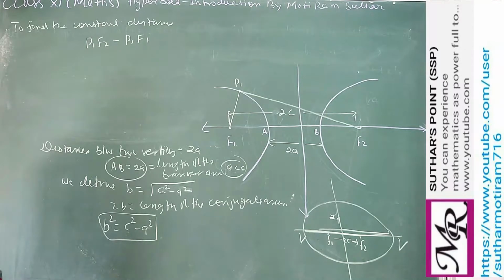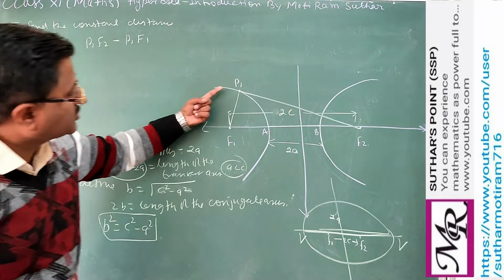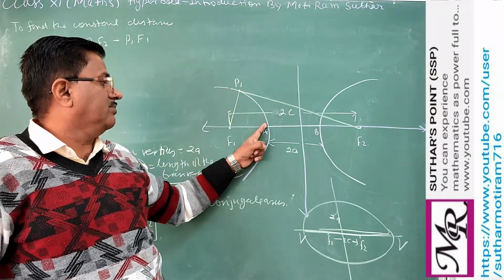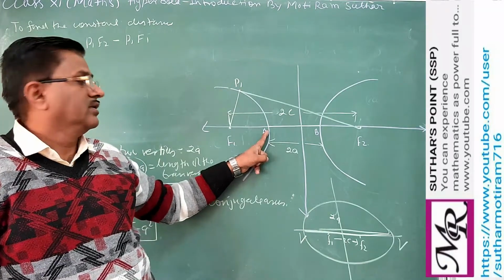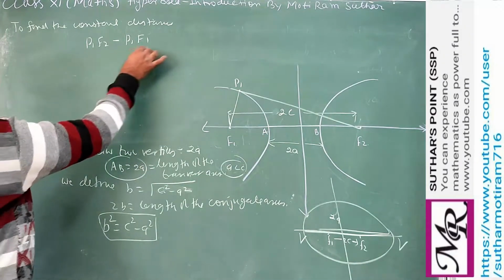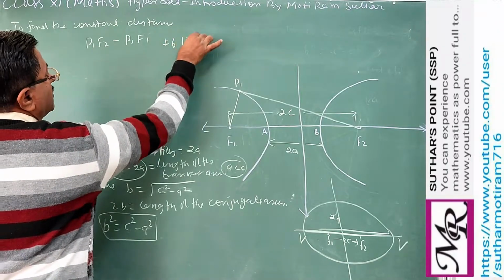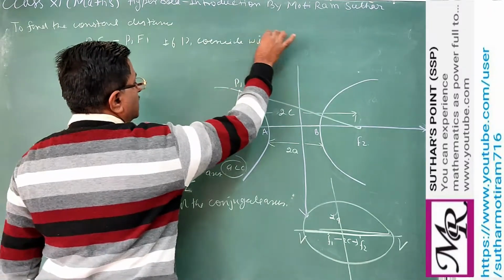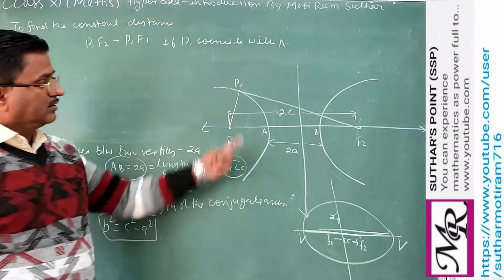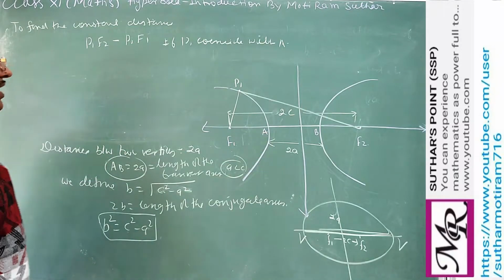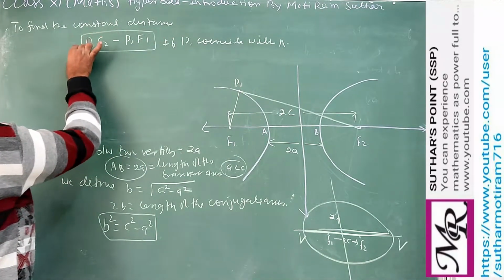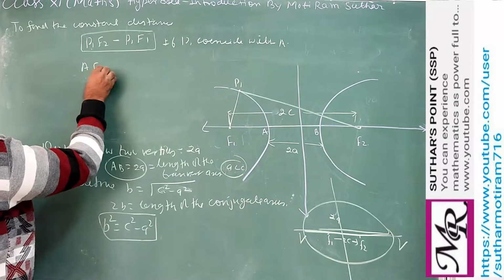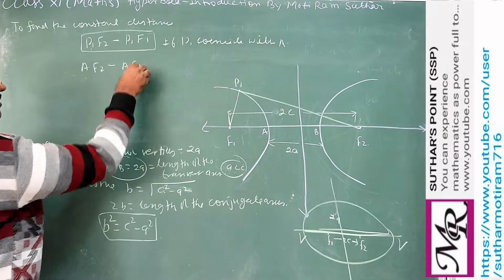So how can you find it? Suppose this point P1 is moving on this path. After some time, P1 coincides with A. Then what happens? If P1 coincides with A, it moves along and comes here. Then we can write P1 is at A, so AF2 minus AF1.